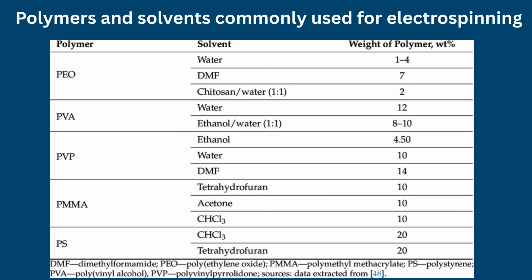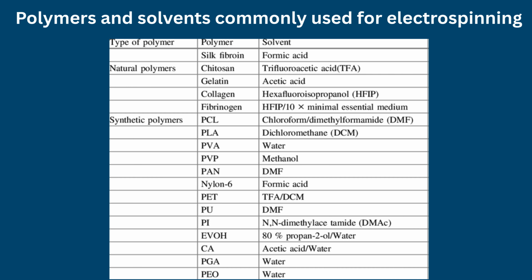Commonly employed solvents include halogenated solvents such as chloroform and trifluoroethanol, aprotic solvents such as dimethylformamide and dimethylacetamide, and protic solvents such as ethanol and water. In many cases, mixed solvent systems are utilized to balance solubility, volatility, and electrical conductivity. For instance, combining a high-volatility solvent with a more conductive, less volatile solvent can improve jet stability and fiber uniformity.